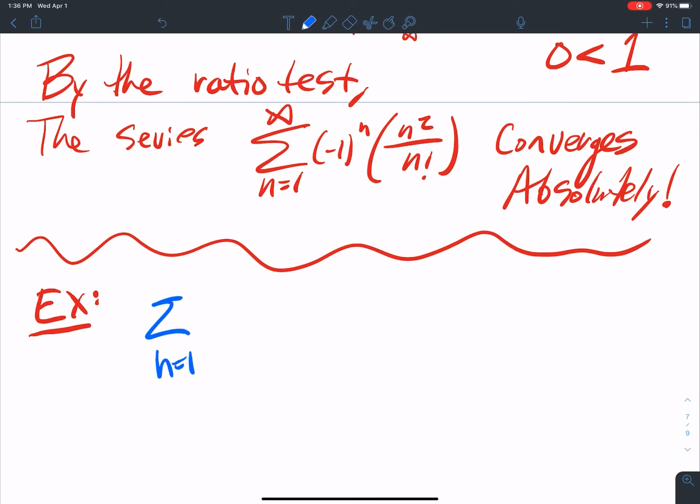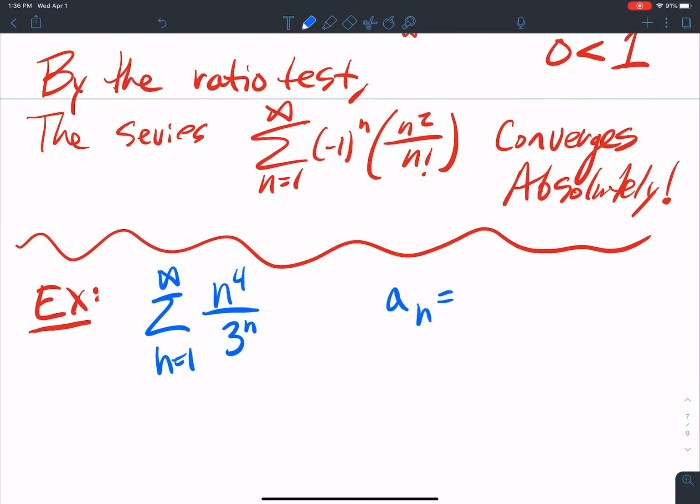Series n equals 1 to infinity, n to the 4th over 3 to the n. Okay, when I look at the a_n term, an exponential in the denominator is definitely going to overpower the n to the 4th in the numerator.